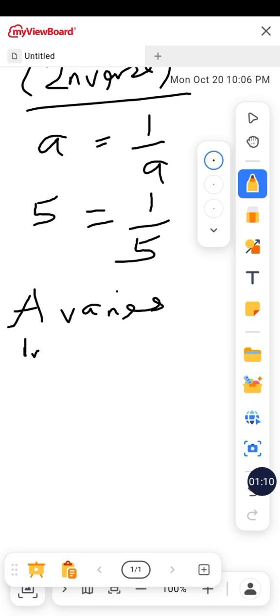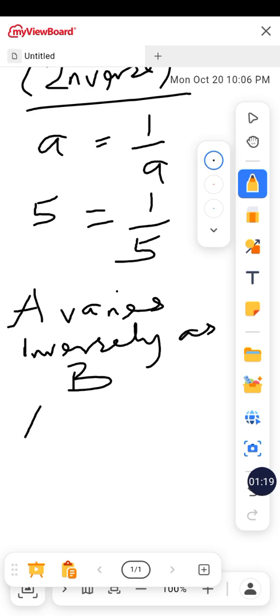A varies inversely as B. This is the way it will be written.